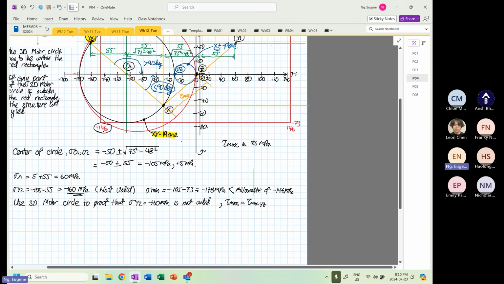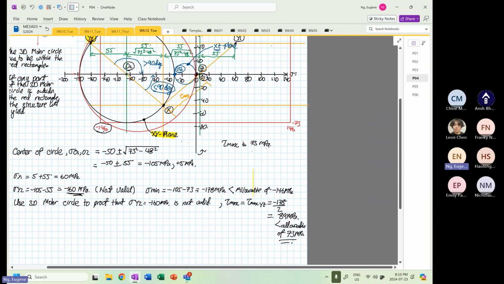YZ plane. So this value is in fact equal to minus 178 divided by 2. So this value is equal to what? Minus 89 megapascal, which is again less than the allowable of what? 73 megapascal.